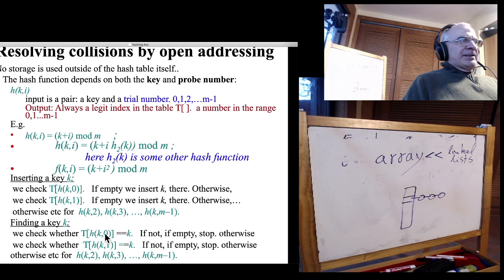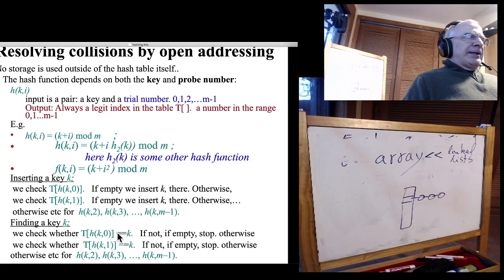If it's empty, I will say no, k is not in the table. If I find somebody there, but it's not k, I'll need to try a different location. If I find k, then that's where my search ends.